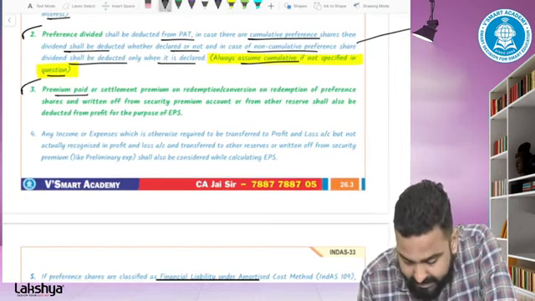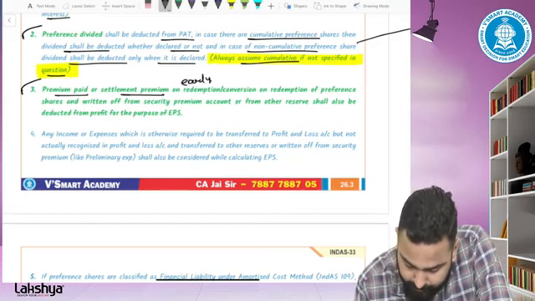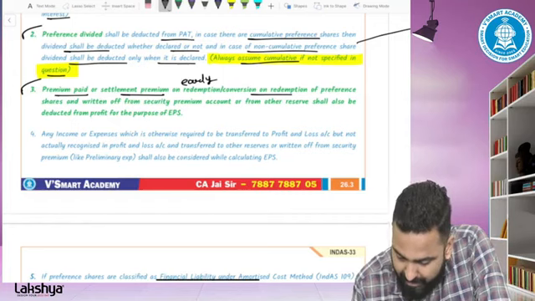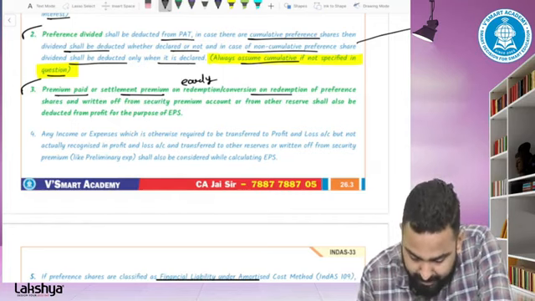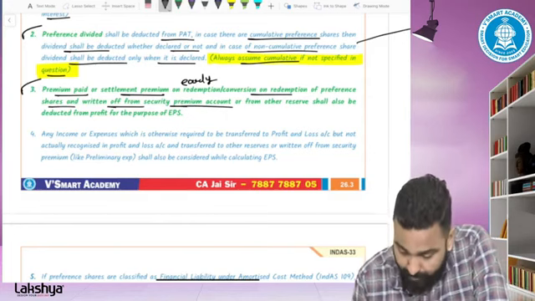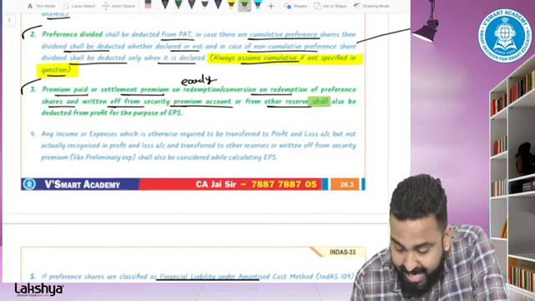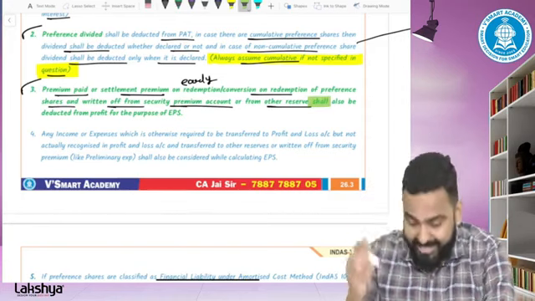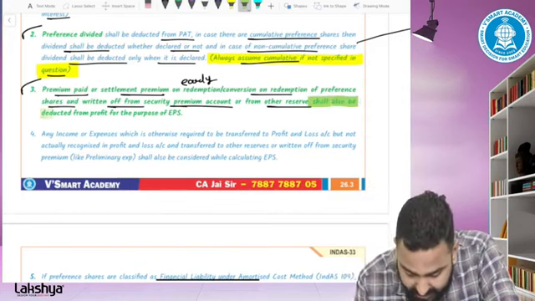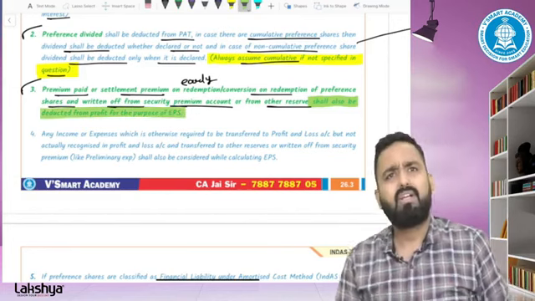Premium paid or the settlement premium on the redemption, like early redemption, or conversion of preference shares, and any amount written off from the security premium account or from other reserves, shall also be deducted from the profit for the purpose of EPS. Now what is this?